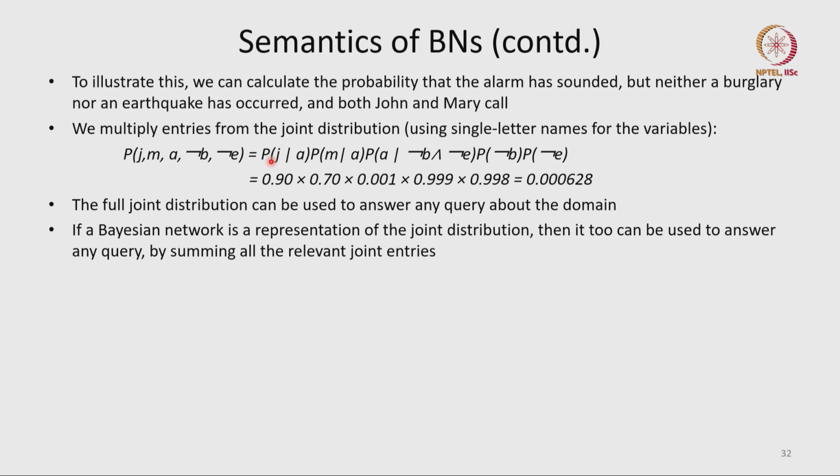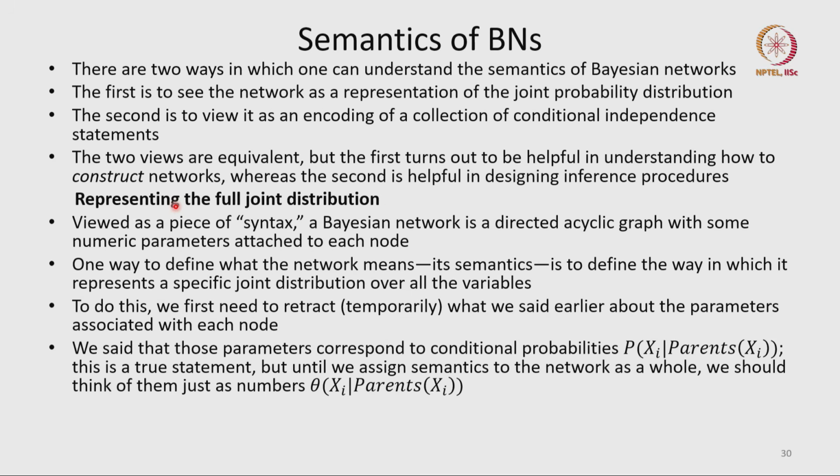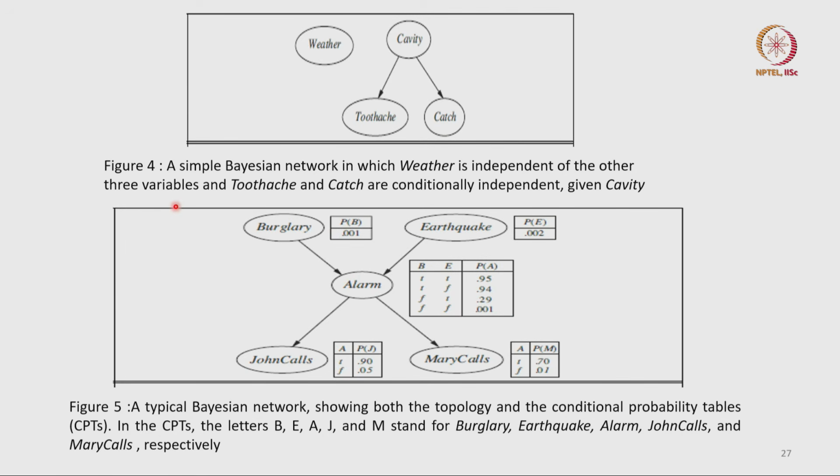So, we can say the probability of John calls given alarm, the probability of Mary calls given alarm, the probability of alarm given that both B and E are not there, so not B and not E, and the probability of not B and the probability of not E. Now, all these values are available in your Bayesian network, in these conditional probability tables that you have here.